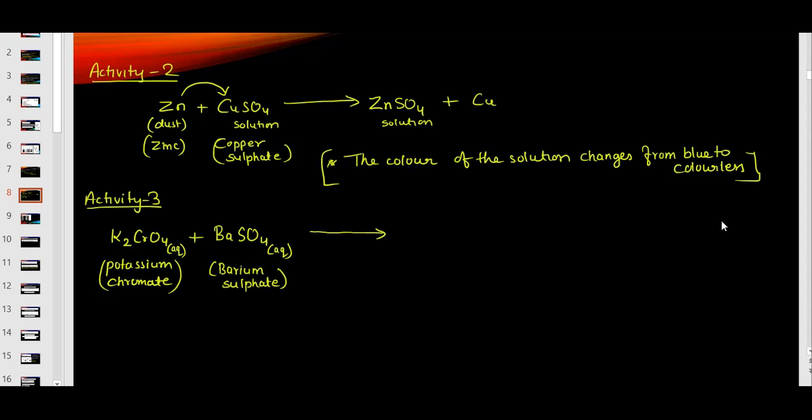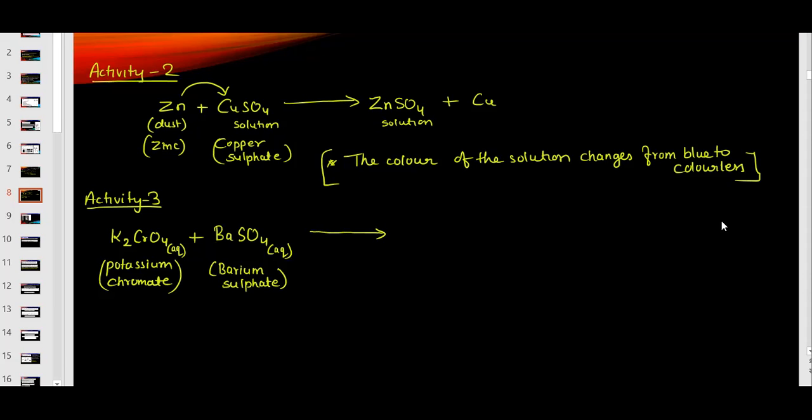So when you are adding these two solutions, you will see that potassium is more reactive. Okay, I am not talking about reactivity here, but here you will see this is potassium chromate, this is barium sulfate. What will happen here is that both will change places, they will exchange their places. Potassium will go near the sulfate and barium will come to chromate.